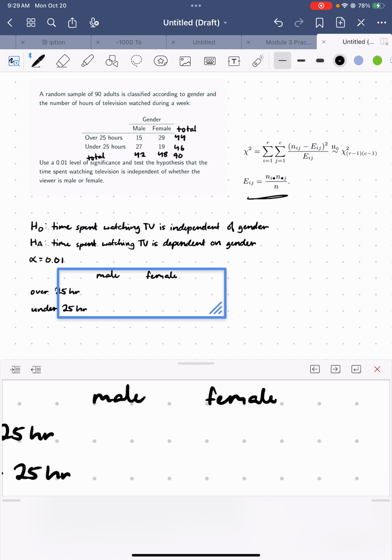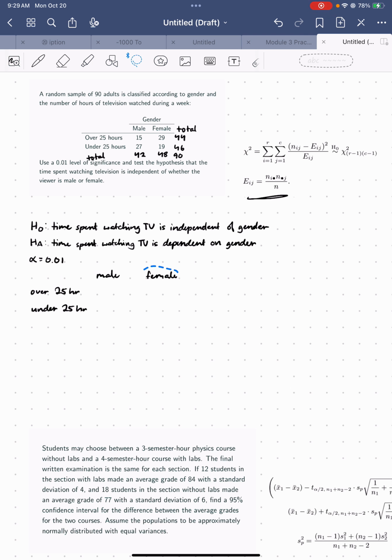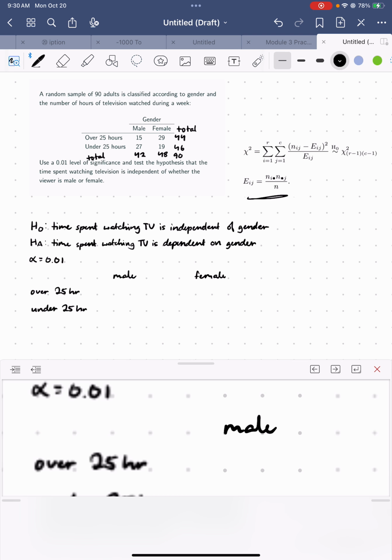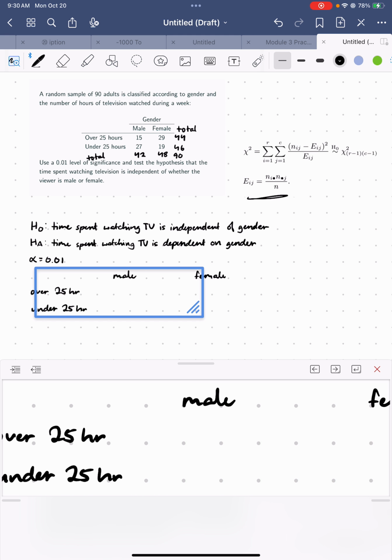So let me give myself a little bit more room so I can move female a little bit more. I think that should be good. So we can use our formula here. So we have our row totals times our column totals, and then all that's divided by our total for both.